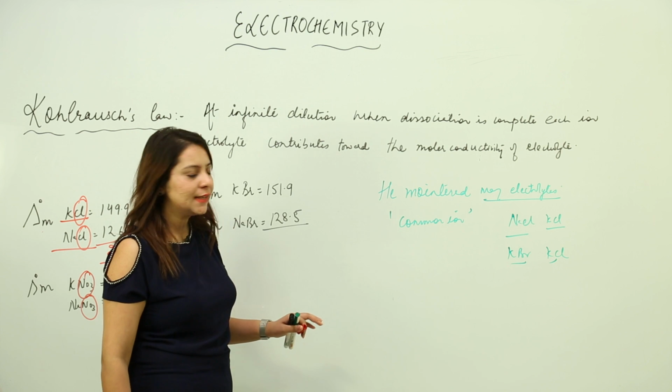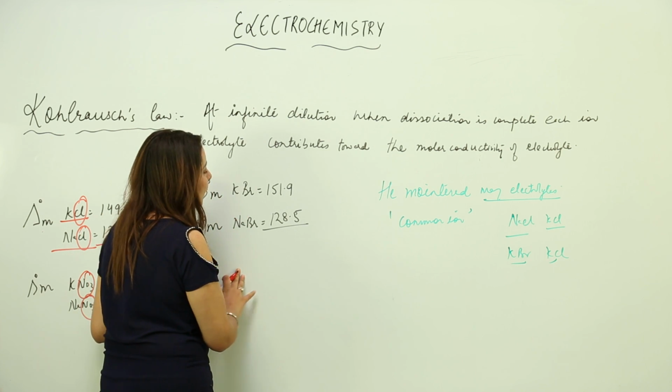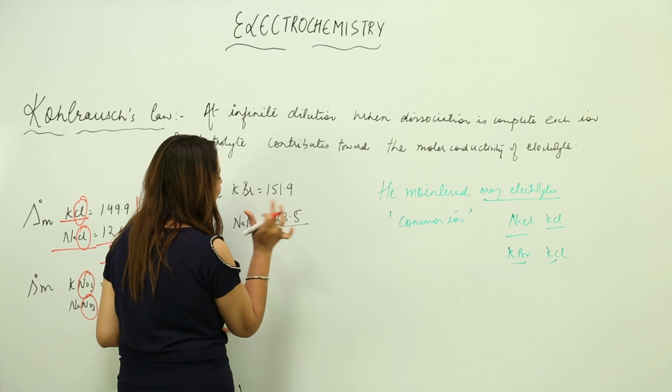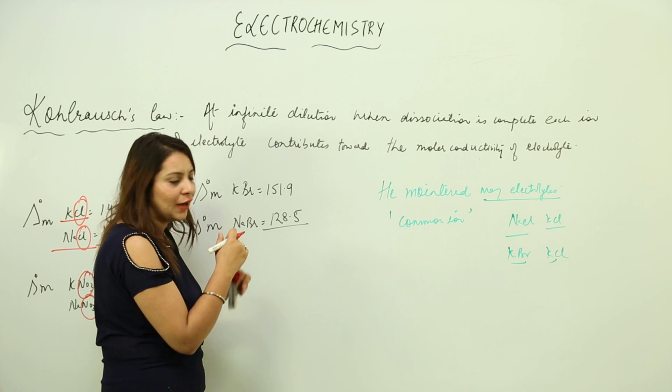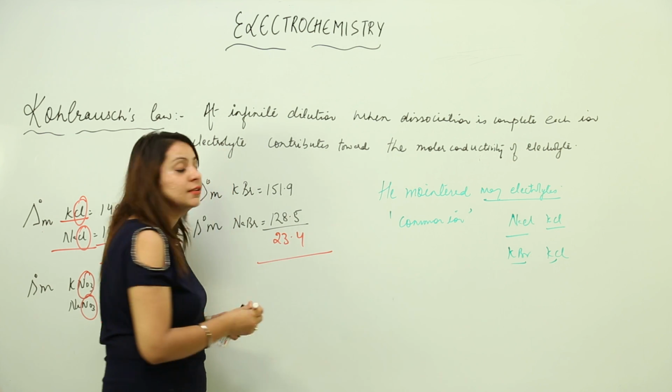Likewise, let us take another example, KBr and NaBr. Their molar conductivities are 151.9 and 128.5. Taking the difference, again it comes out to be 23.4.